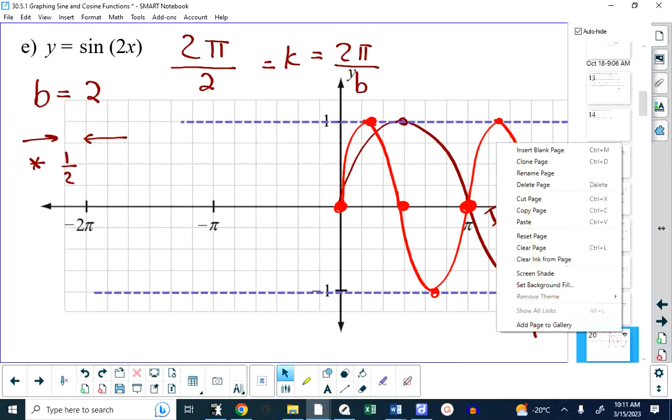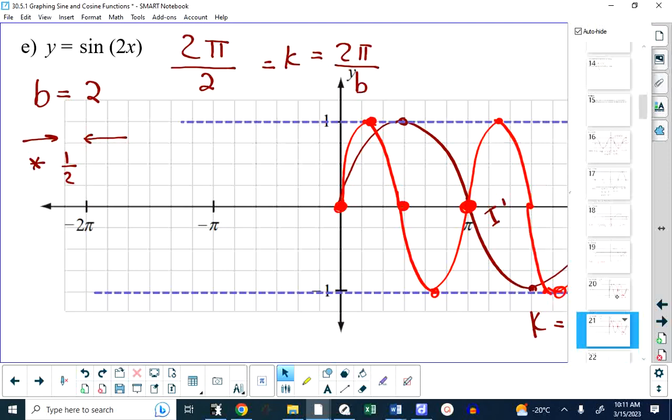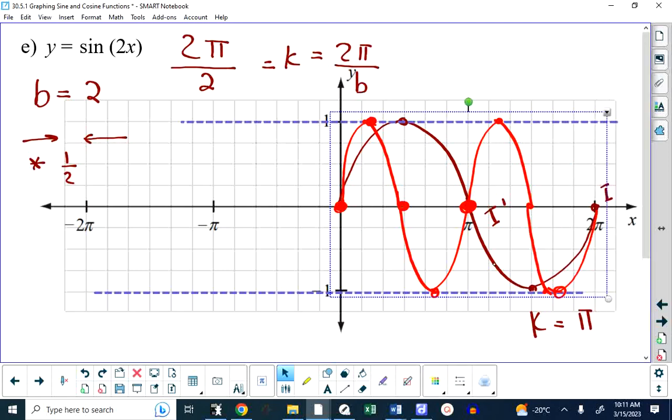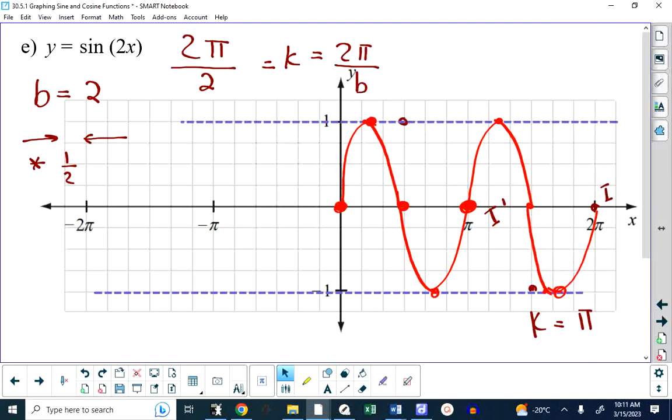Again, I have 2 graphs on here, everybody. I use this brown graph as sine of x to illustrate how we get the red graph, but that's the answer to the question. And we can finish this off.